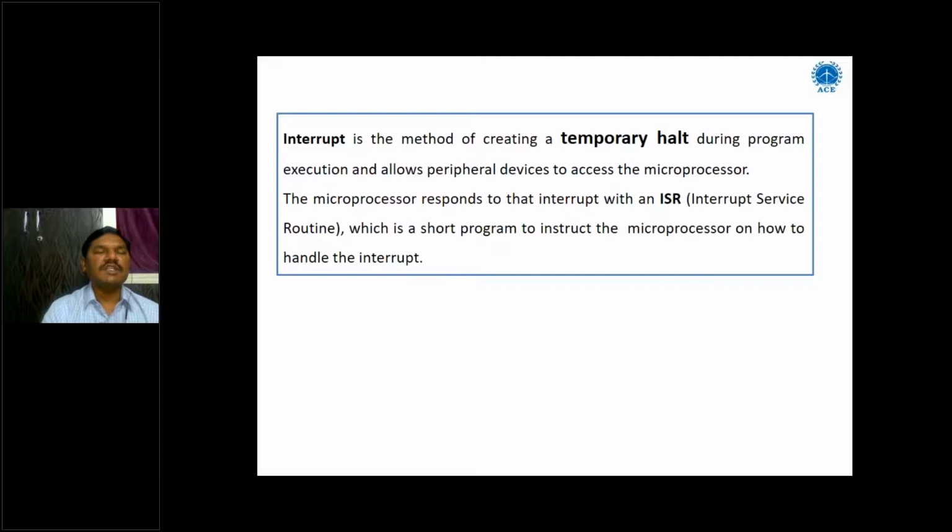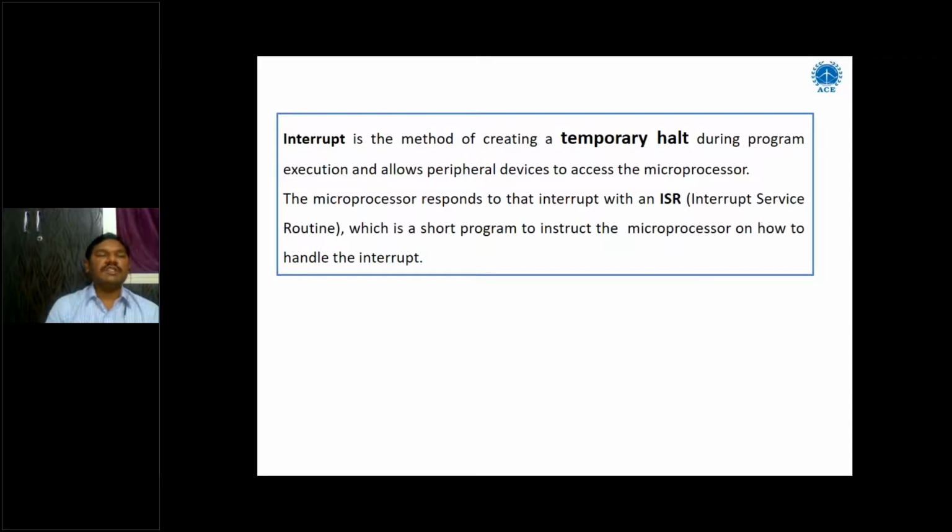Then what will person A do? He will temporarily halt the execution with person B, because person A and person B were already on the job. That is what we call the temporary halt. It's not completely halted or closed or stopped. Temporary halt. So interrupt is the method of creating a temporary halt during program execution.